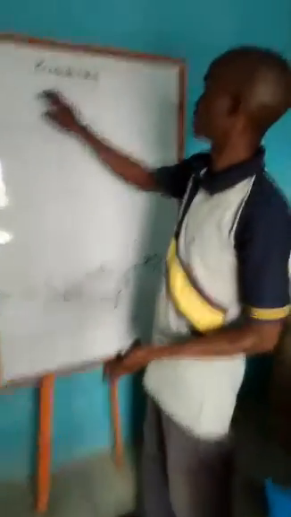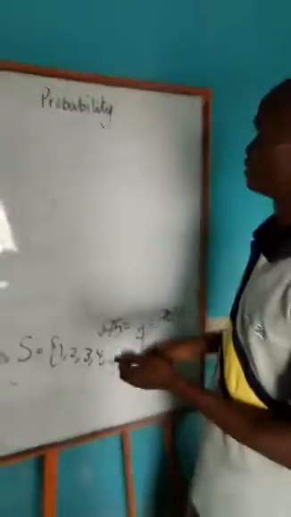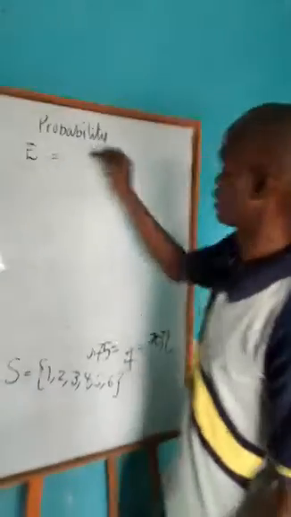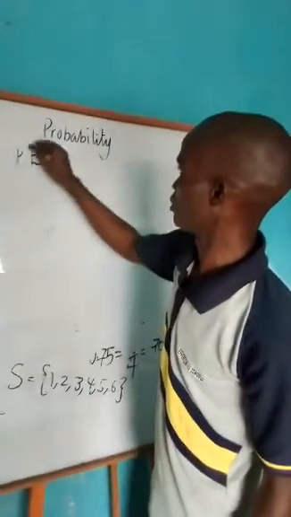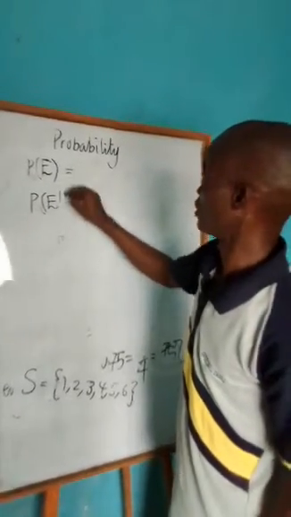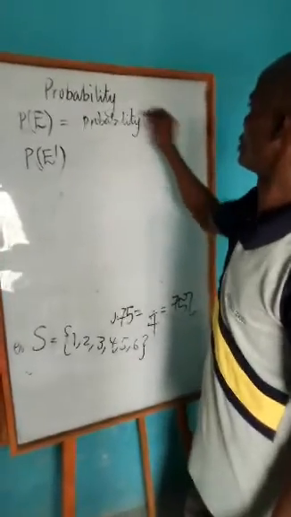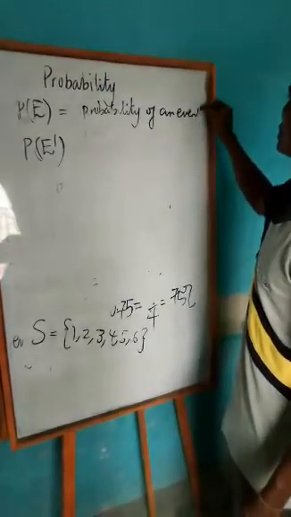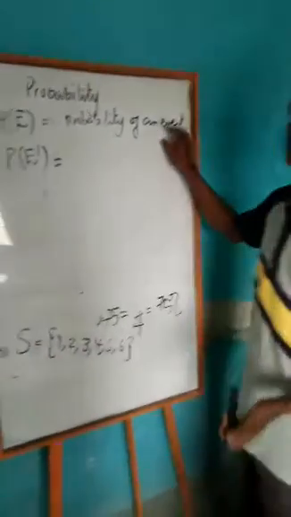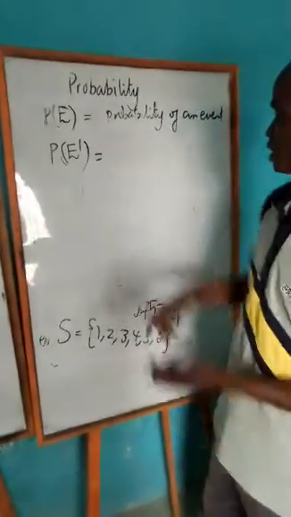The sum of the probability of an event and the probability of the complement of this event, denoted P prime, is 1.